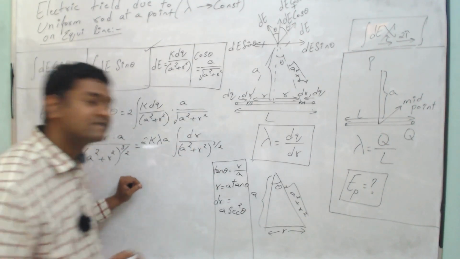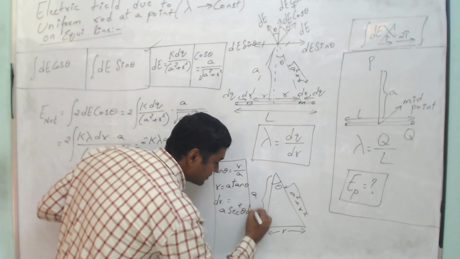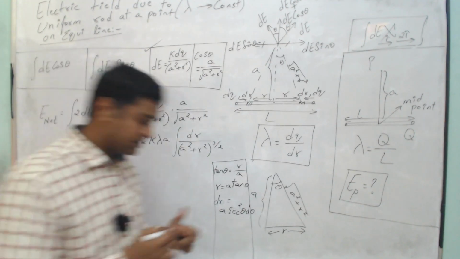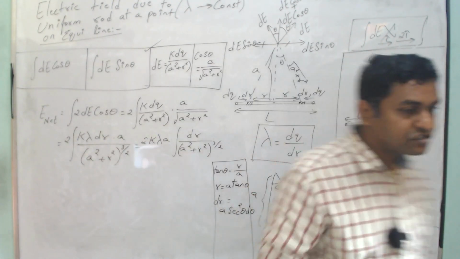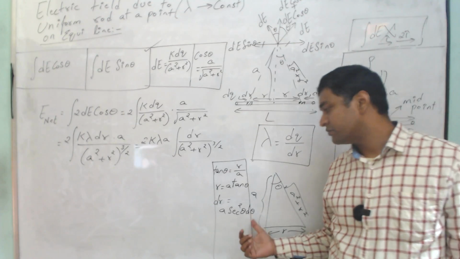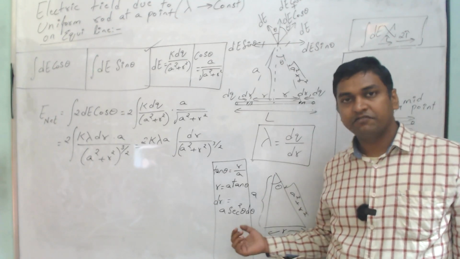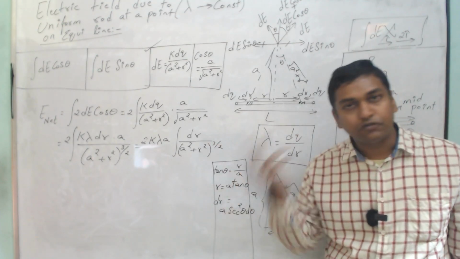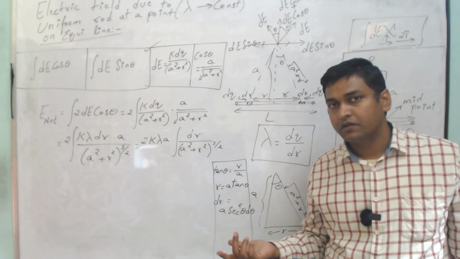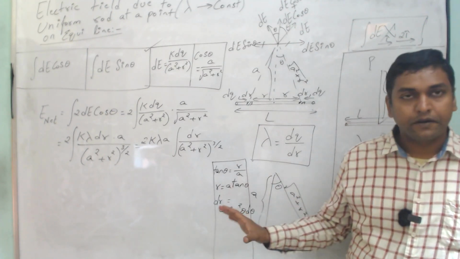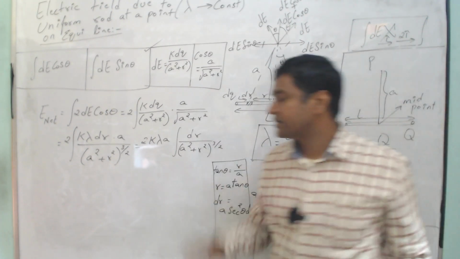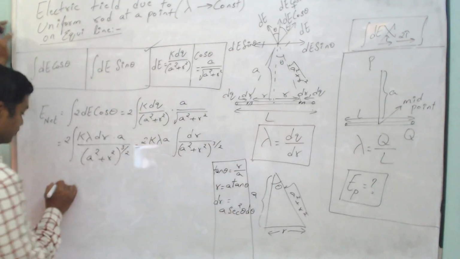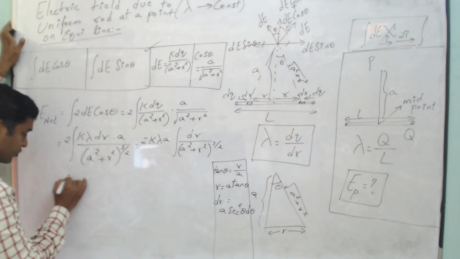Good. Mostly the reason why I say in calculus, whenever you differentiate, you will get a differential element. If we forget it, then again we'll get confused. Is this clear? Let us substitute and see. So my integration will become 2k.